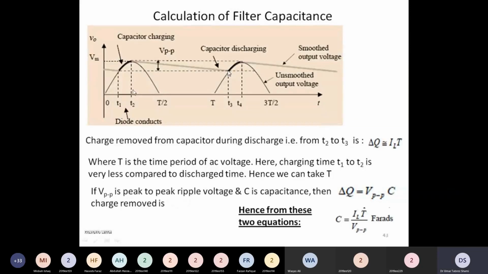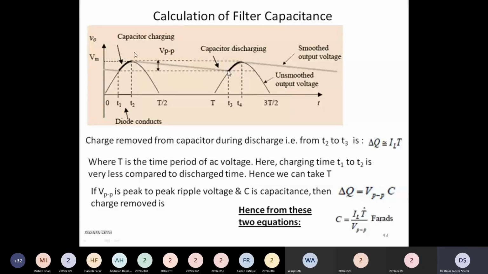Then from time t2 to time t3, the input voltage becomes less than the capacitor voltage, and our diode is reverse biased. Yes, even in the positive half, our diode is reverse biased because the capacitor voltage is much larger than the input voltage. When the capacitor voltage is larger, our diode will become reverse biased. And now all the voltage will be provided by the capacitor. The capacitor will serve the current required by the load.